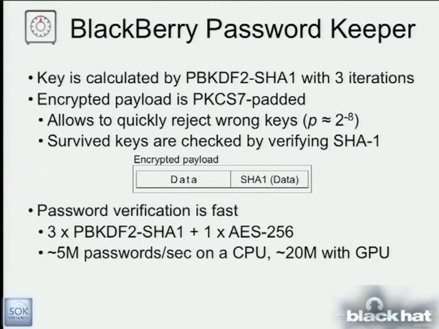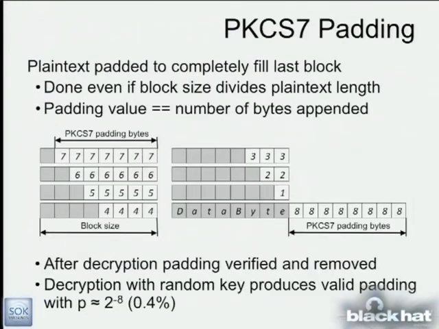And again, there is one thing which is quite interesting, which we can exploit in many different password keeper applications, and this is the PKCS7 data padding. So what is this about? Well, when you encrypt data using a block cipher, you can only encrypt data in chunks, and the size of the chunk is the block size of the cipher.